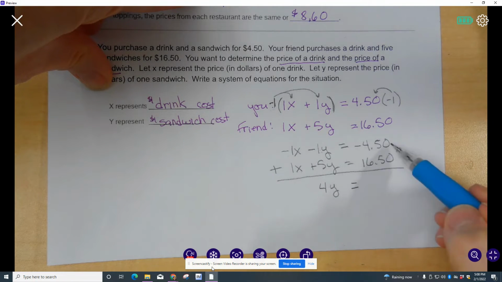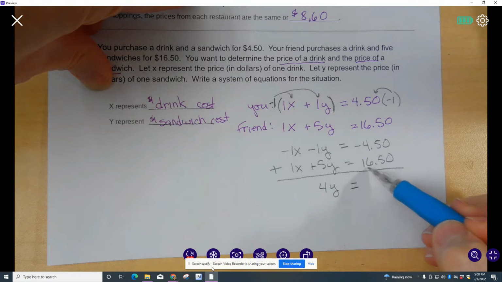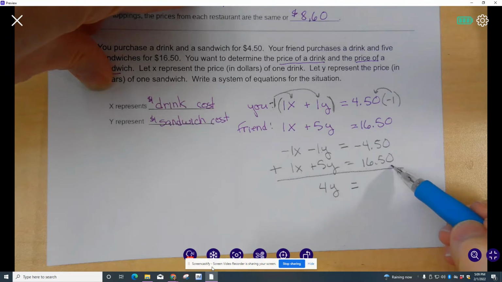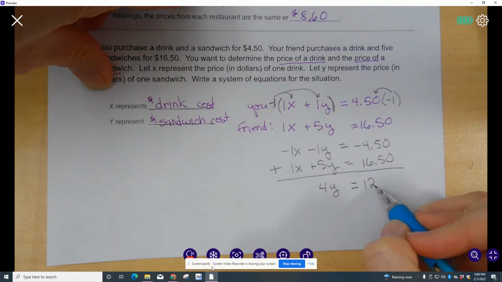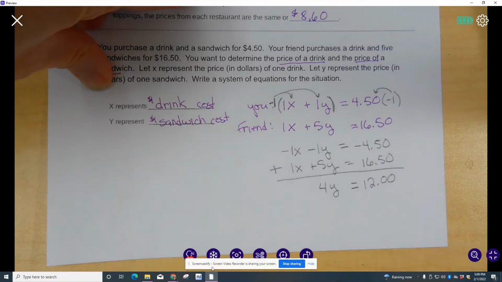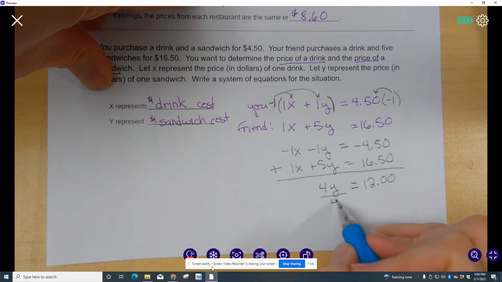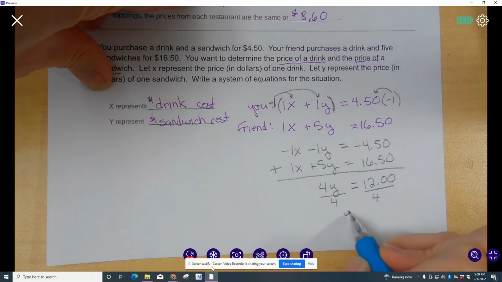Negative $4.50 plus positive $16.50 is $12. Keep going. Divide both sides by 4, and we get y equals 3.